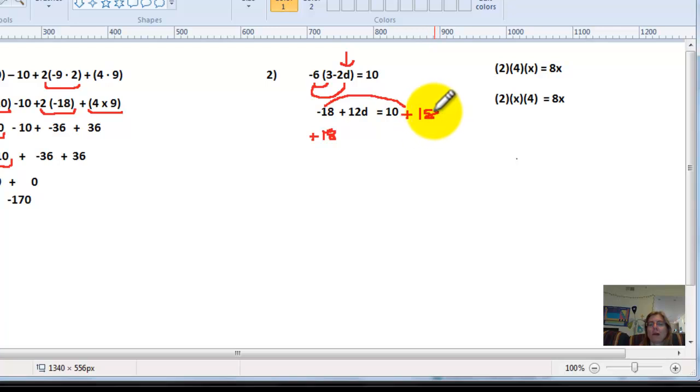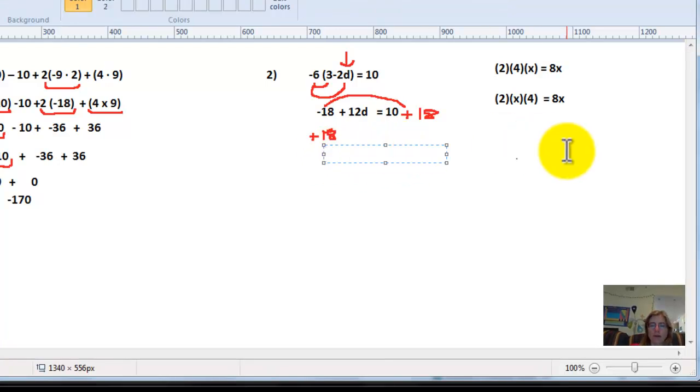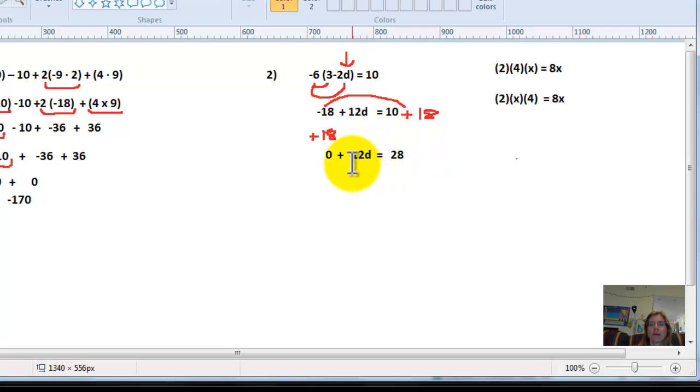So then you have a new problem of 0 plus 12d equals 28. And of course that plus 0 is not relevant. It's 12d equals 28.